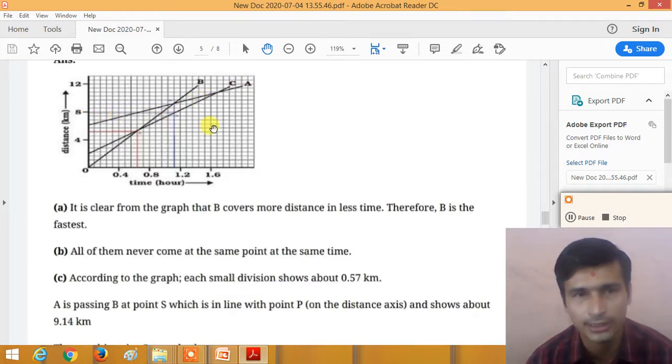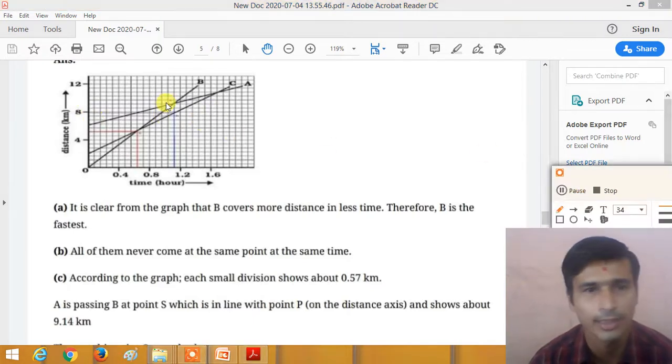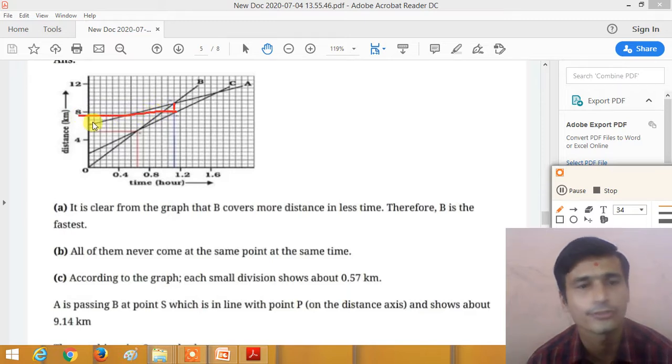So from this graph, we can understand that when B passes A, C is at a distance of 7 kilometer. If we extend this line on the graph of C, it intersects the graph at this point, and extending it horizontally, we get a 7 kilometer distance.